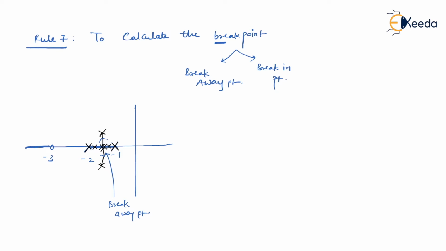So you know that this pole starts departing in this direction. And don't forget, the root locus is always symmetrical with respect to the real axis. So whatever happens above the real axis, the same thing is going to happen below this real axis.